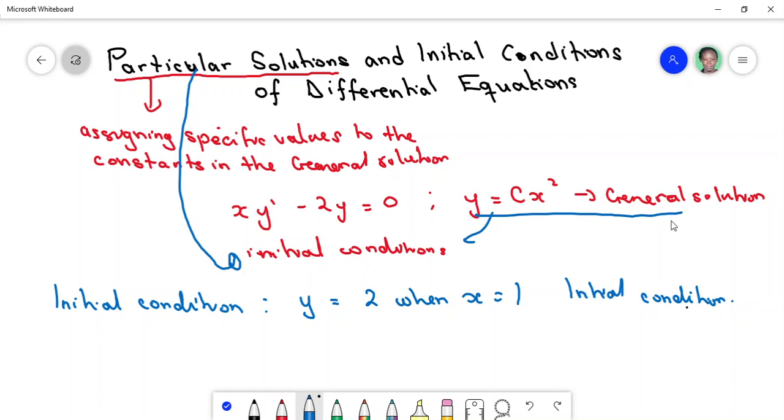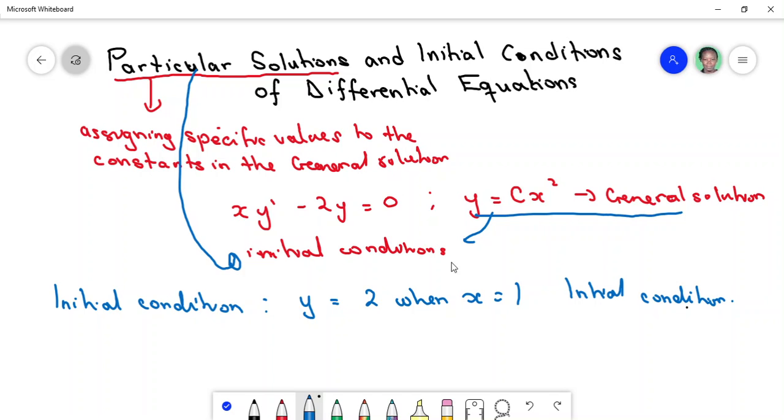If I want to find the particular solution of this differential equation, all I have to do is find the value of c and do the substitution. From here, we said y is equal to 2 when x is equal to 1.